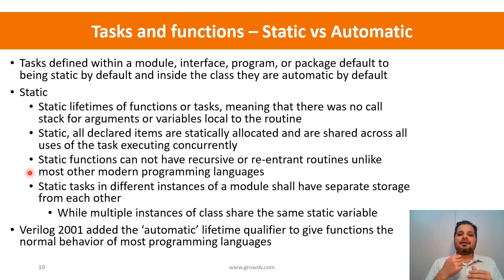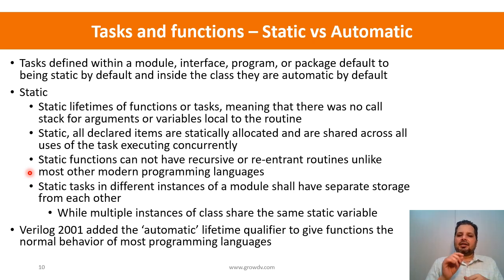Okay, and then for the static task, this is one other point: if I have multiple instances of a single module, then each module will have separate storage, right? But within that module, when multiple threads of the same task are running, they will share the common storage.